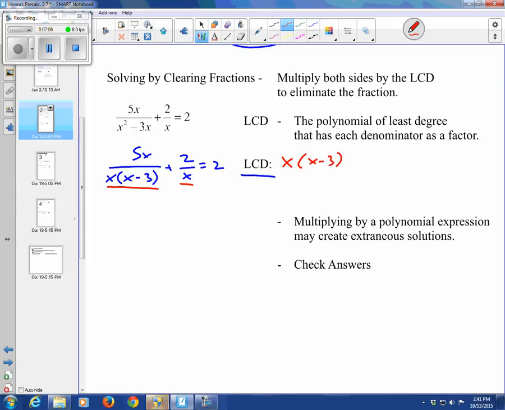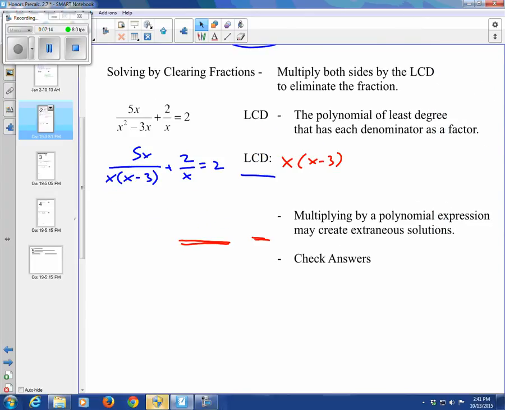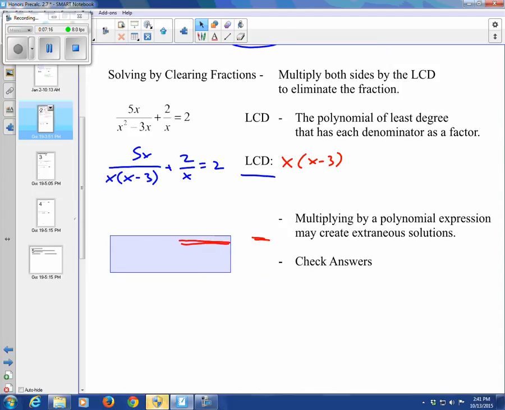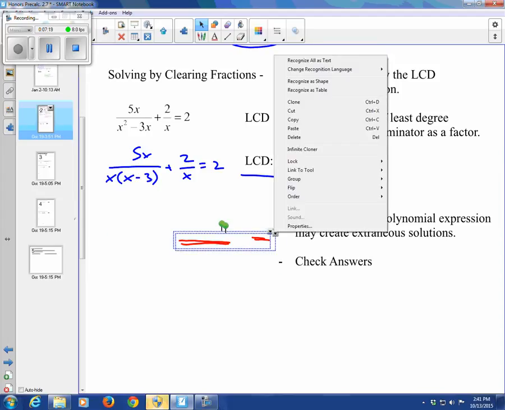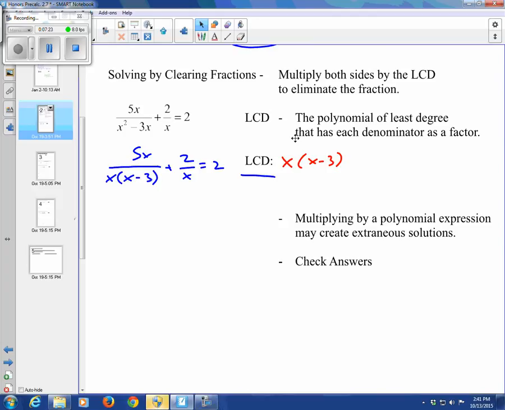This has x as a factor, and it has x minus 3, or x times x minus 3, as a factor. So we can go ahead and multiply by that least common denominator on both sides and get rid of the denominators for our rational equation.